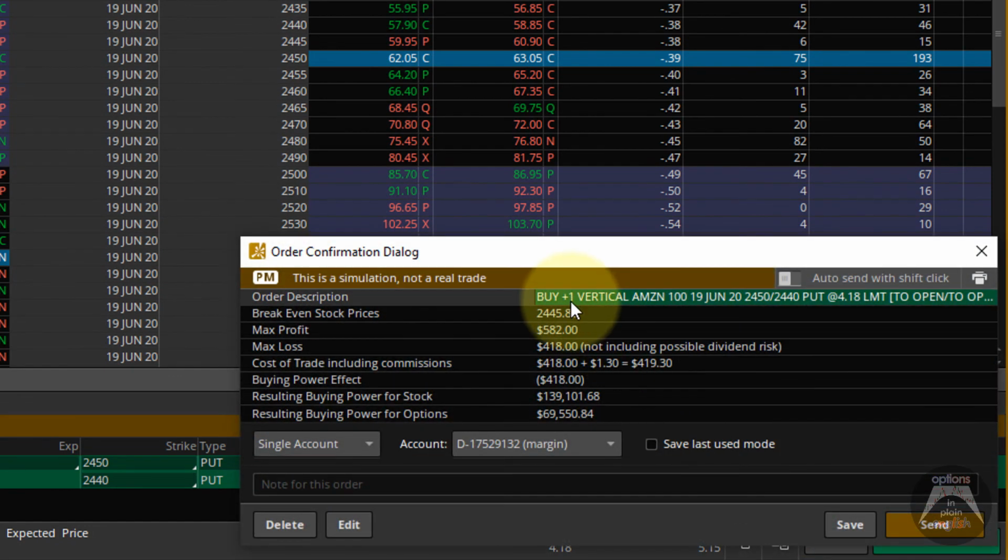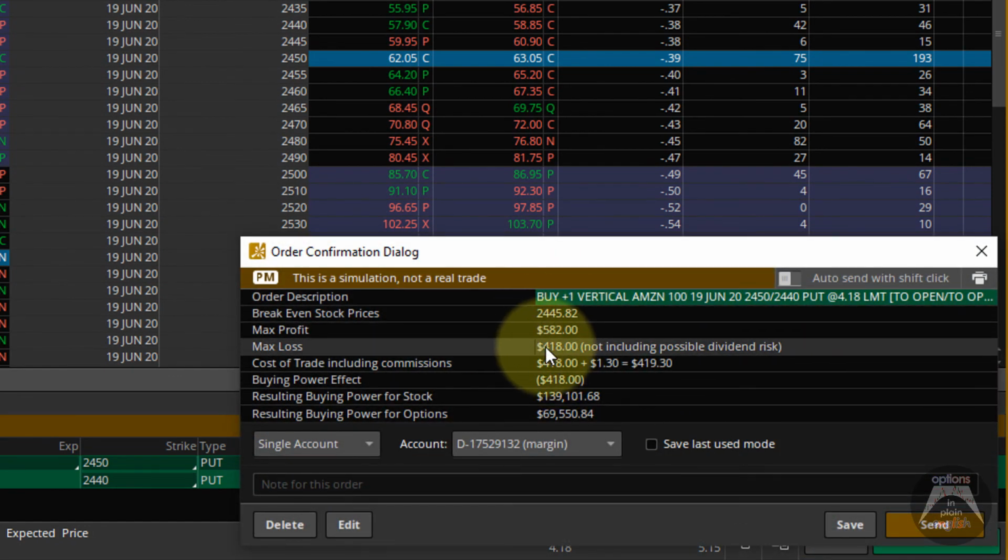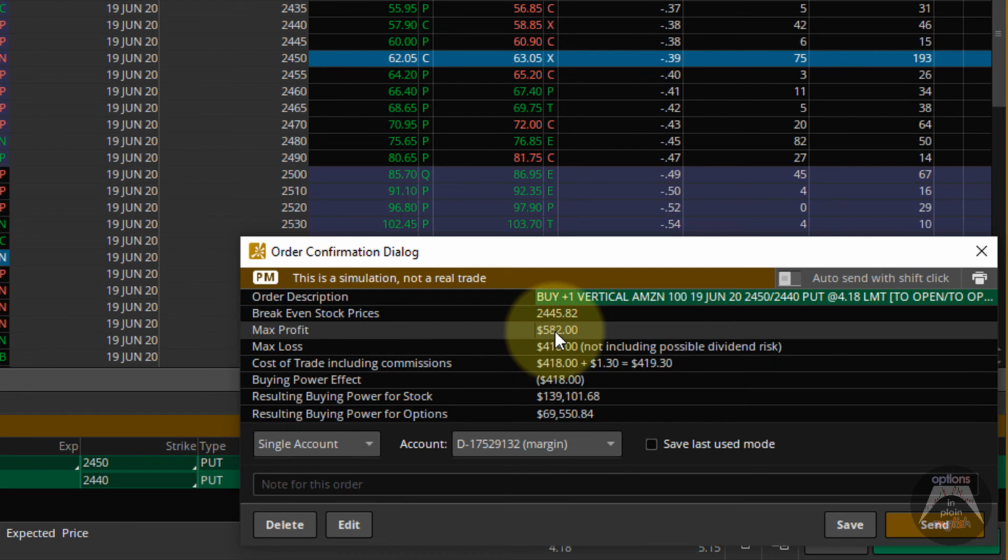So same thing. Max loss is going to be 4.18 times 100, $418. Max profit is going to be the width of the spread, so $10 multiplied by 100 shares per contract. It's going to be 1,000 minus 418. We're going to have $582 in max profit.